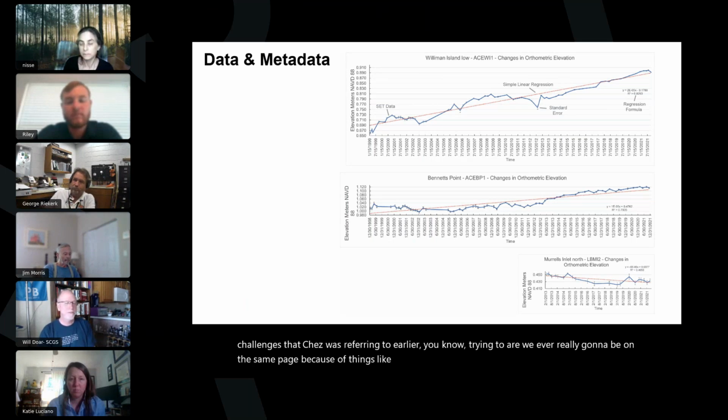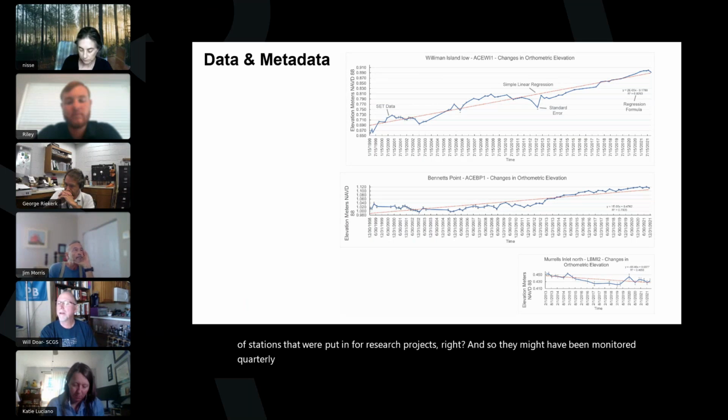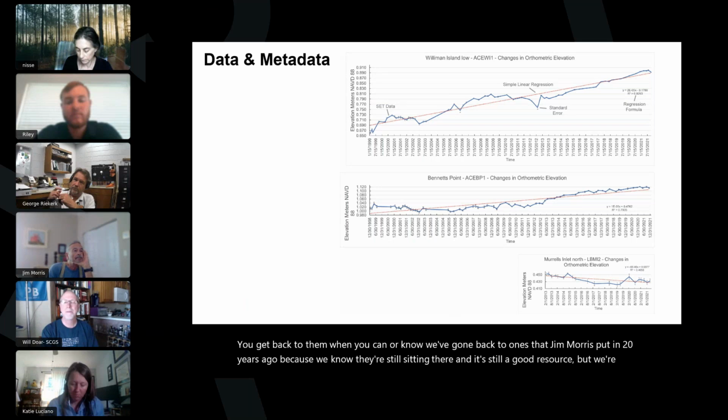And I will say, in our case, we've got a lot of stations that were put in for research projects, right? And so they might have been monitored quarterly for 5 or 6 years, and then when that funding goes away, you get back to them when you can, or we've gone back to ones that Jim Morris put in 20 years ago because we know they're still sitting there and it's still a good resource, but we're not funded to do that.